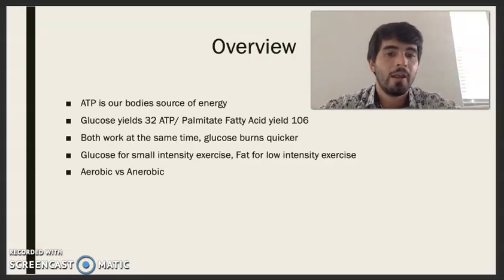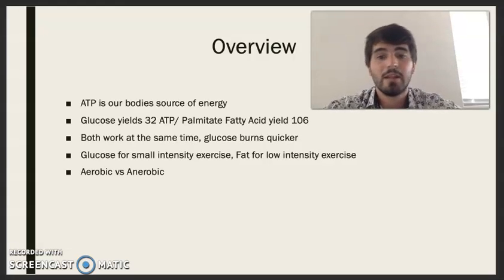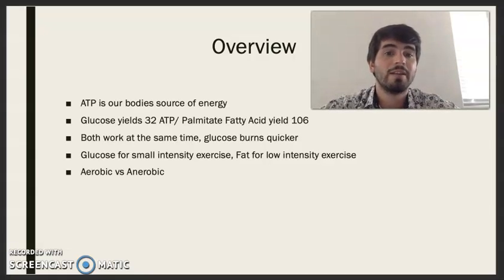Whereas with fat, you're going to have it for a longer time, but it's going to be low intensity exercise. And lastly, we also went through aerobic versus anaerobic, and how lack of oxygen leads to less ATP produced. You'll only have about 5% of the energy that you could, whereas in aerobic, you'll have way more energy.